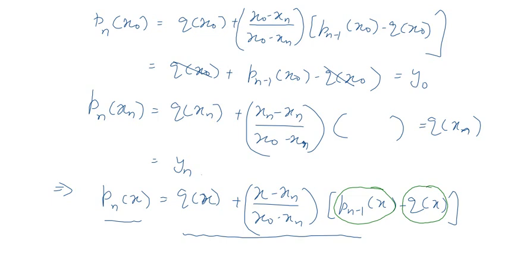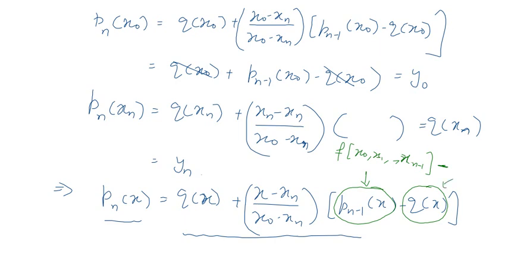So pn minus 1 interpolates the data x0 to xn minus 1. So the coefficient of x to the power n minus 1 here, what it will be, that is f of x0, x1 and so on to xn minus 1, minus the coefficient of x to the power n minus 1 of the other polynomial.